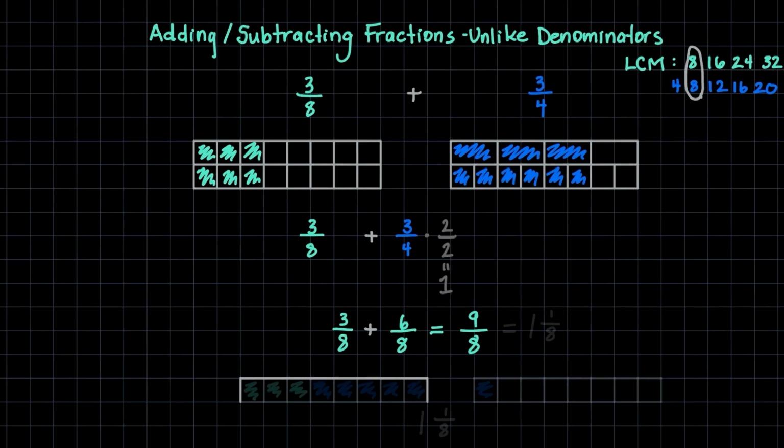Let's see our visual representation. We already know we're going to need 2 sets because my numerator is bigger than my denominator. So I'm going to go ahead and draw 2 to begin.